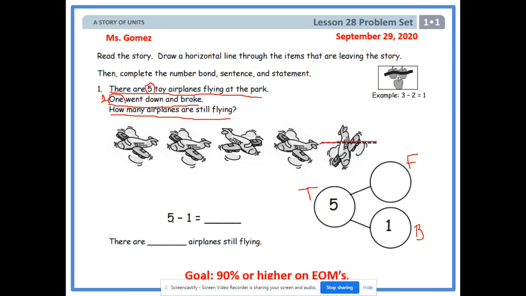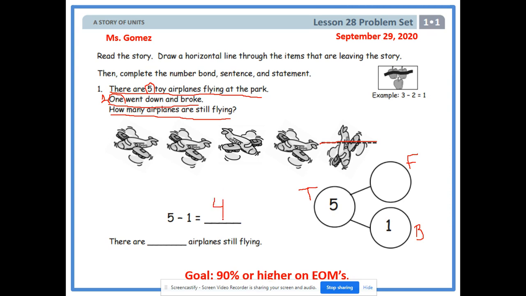And here they started writing the subtraction sentence for y'all. They started with the whole because remember when we write a subtraction sentence, we start with the whole number. So 5 minus 1 equals, well, let's count. Ready? 1, 2, 3, 4. So how many airplanes are still flying? Get ready. Yes, 4.